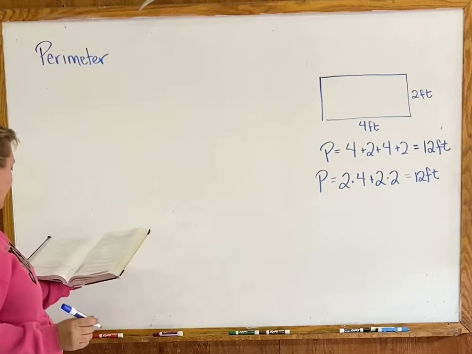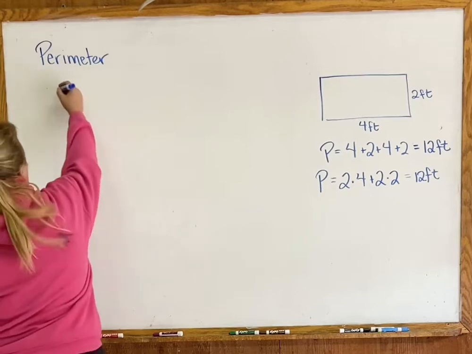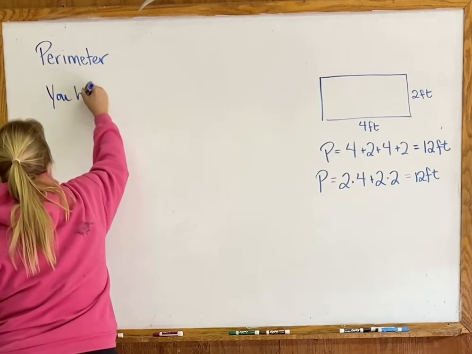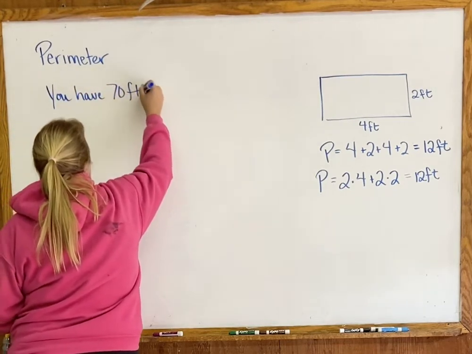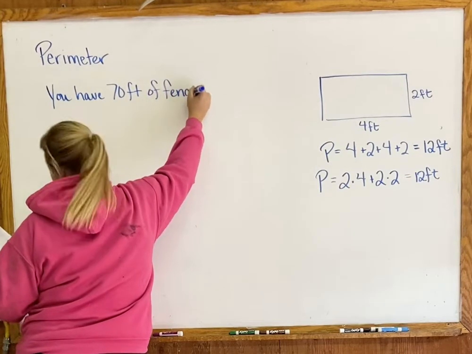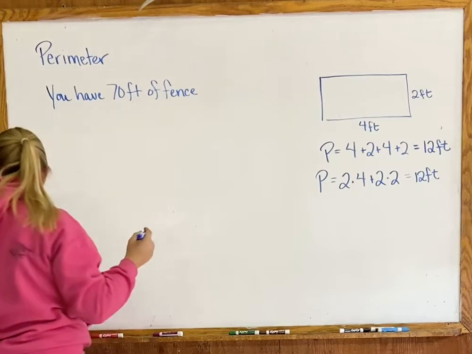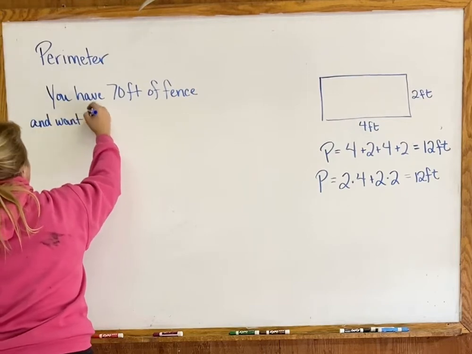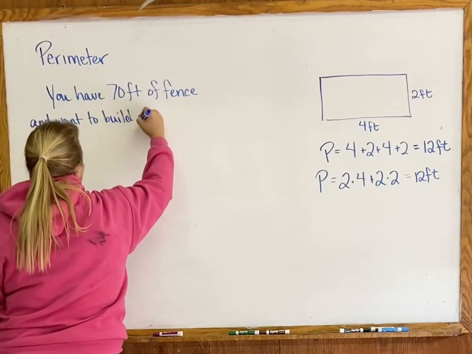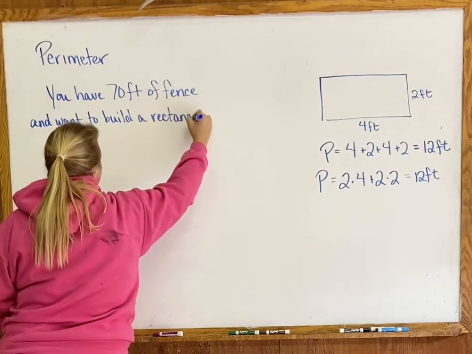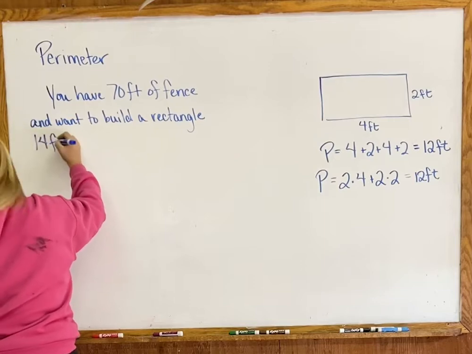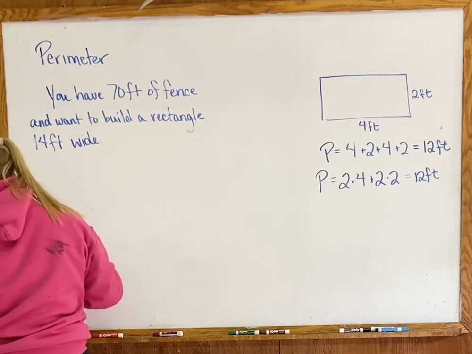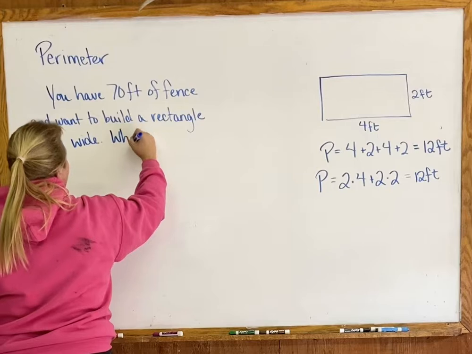Suppose you have 70 feet of fence and want to build a rectangle 14 feet wide. What should the length be?